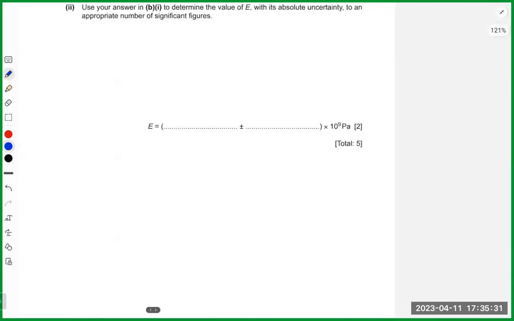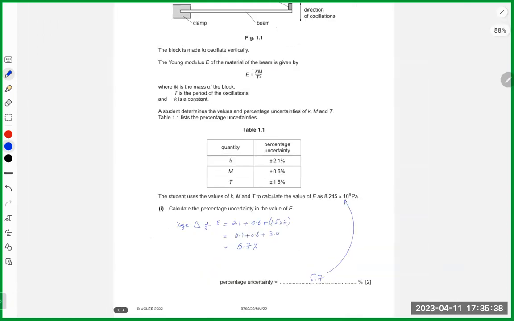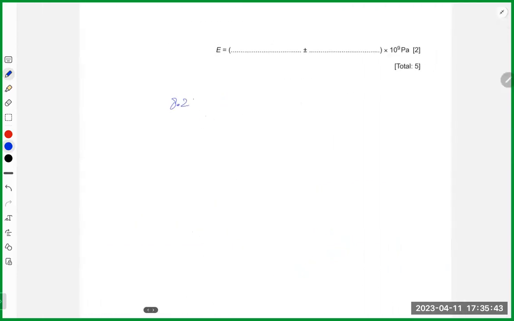Now we have to write down the final answer. 8.245 into 10 to the power 9 Pascal plus minus 5.7%. First of all, find 5.7% of 8.245 into 10 to the power 9.